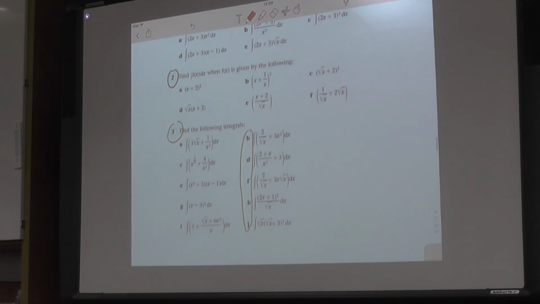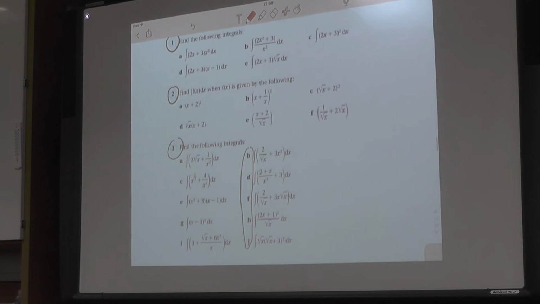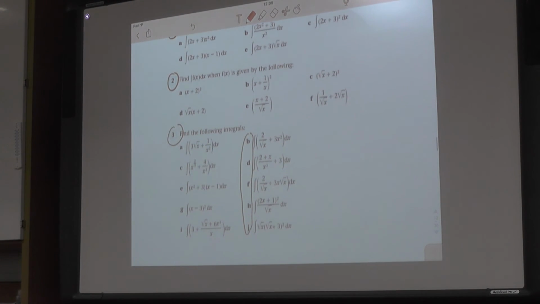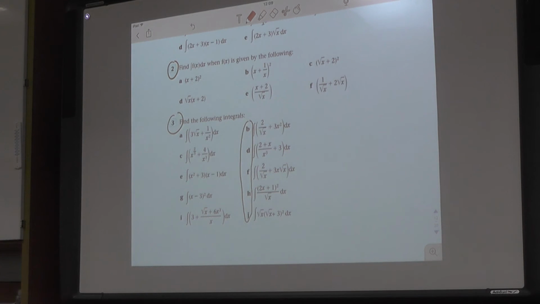And what I'd like you to do, because we'll be working on this to the end of the lesson, is finish this for next lesson. I see the next lesson is the stats lesson, so it's going to be Tuesday.